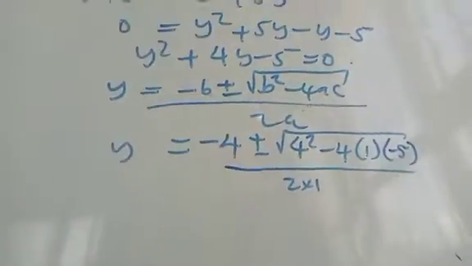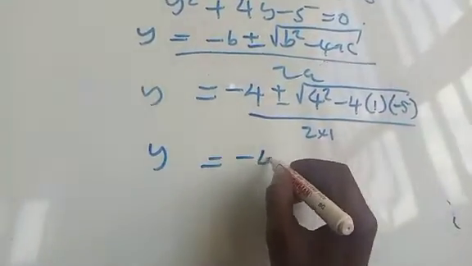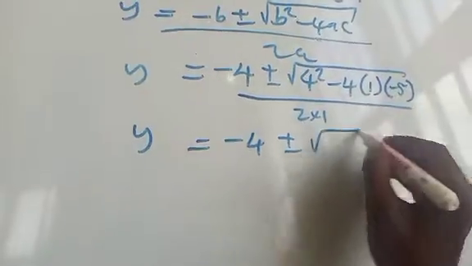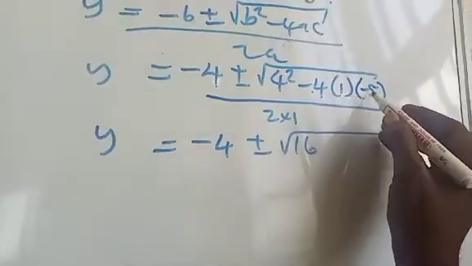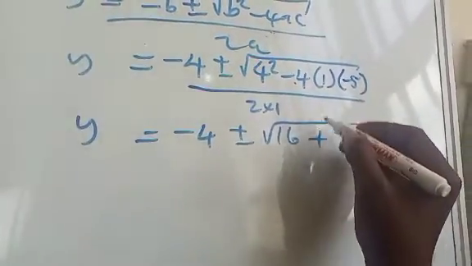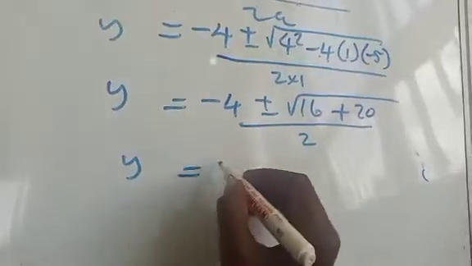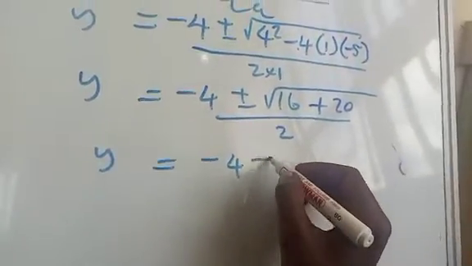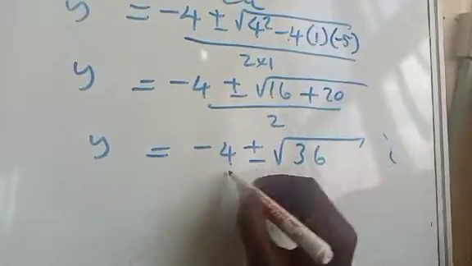So you can see what will happen here. We have y = negative 4 plus or minus the square root of 16, and a negative times positive times negative gives plus 20, divided by 2. So y will be equal to negative 4 plus or minus the square root of 36, divided by 2.